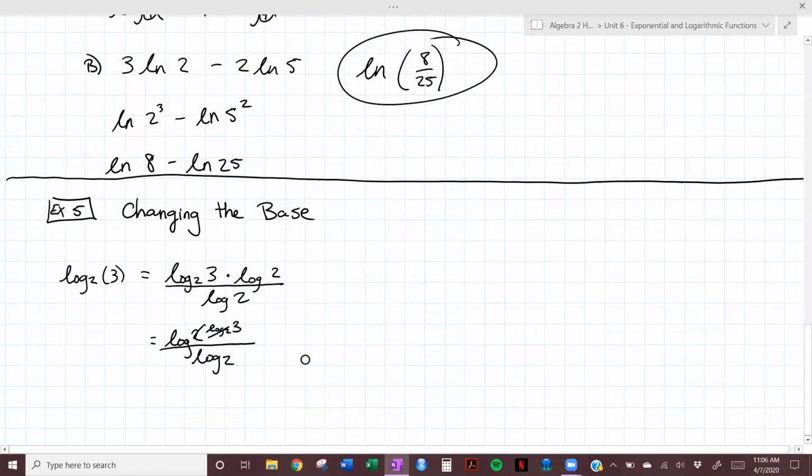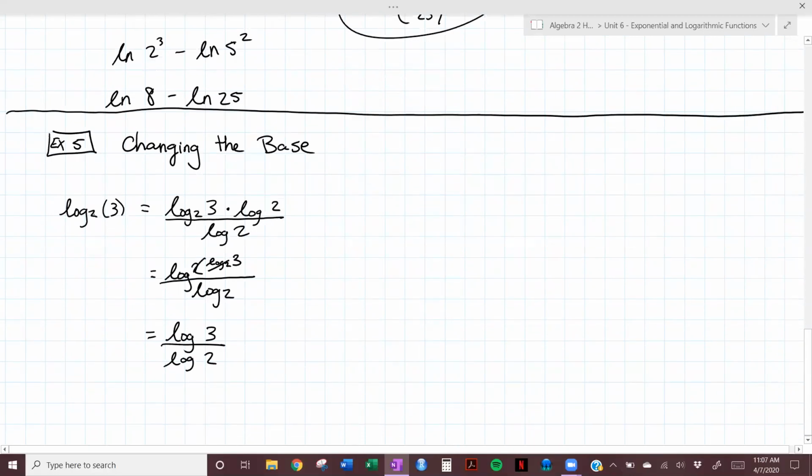So I'm left with log of 3 divided by log of 2. Okay, so the shortcut here, find your base and just put that on bottom. So it's going to be log base 10 of 3 divided by log base 10 of 2.